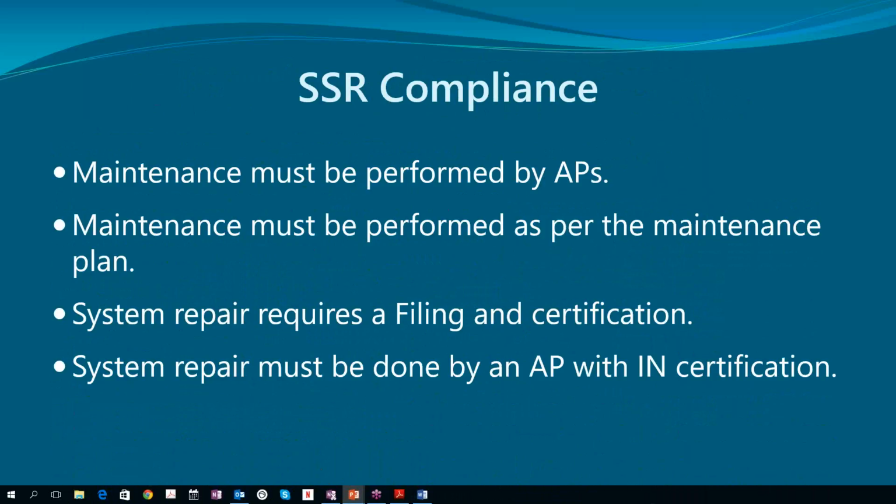It doesn't actually say with installer certification, it says with appropriate qualifications or something like that. And then there's another whole section in the regulation that says that appropriate certification is ASTT registration, according to our policy, which says that if you're doing system repair, you have to be an installer. You can't be a lowly planner. You have to actually be an installer in order to do system repair.